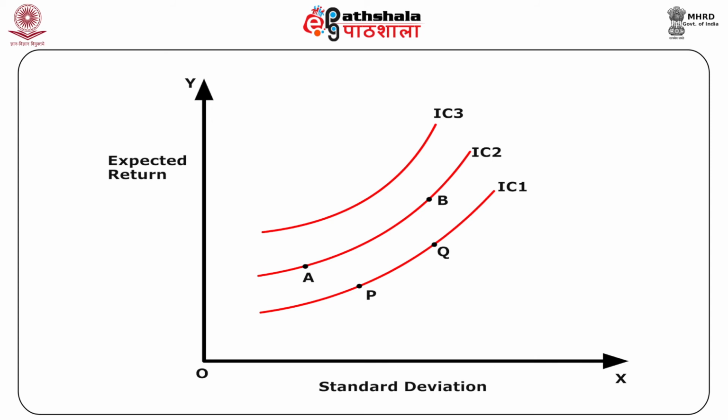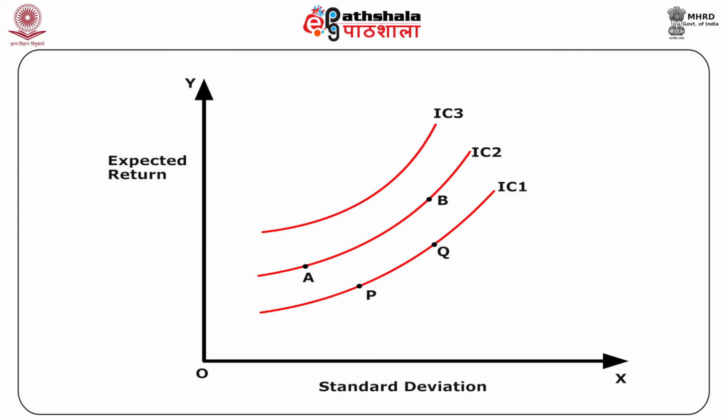We see that all the three, IC1, IC2 and IC3, are risk return indifference curves of investors, and each point on the indifference curve gives the same level of satisfaction. Points P and Q, which lie on IC1, provide the same level of satisfaction to an investor.